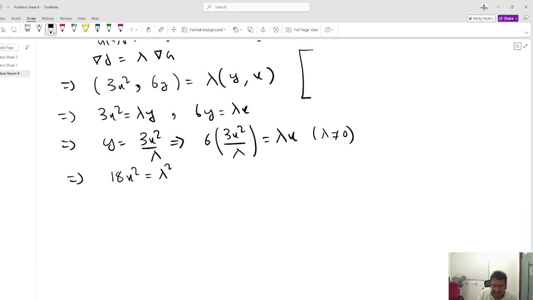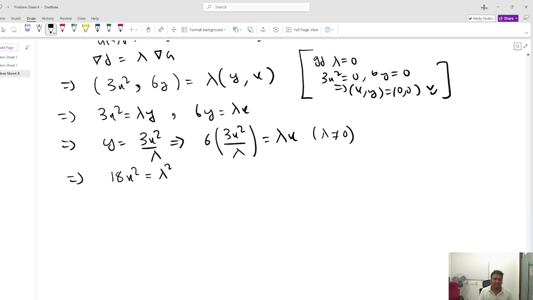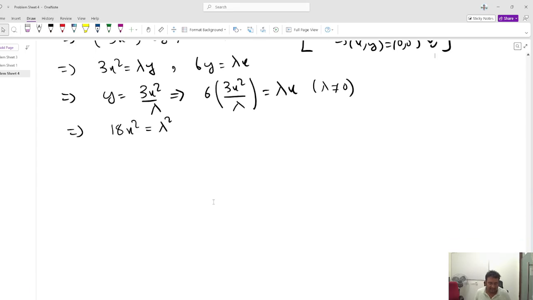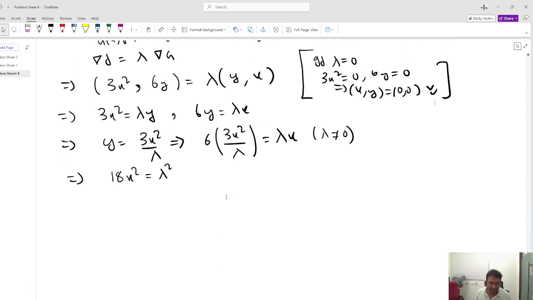So let's see. If lambda is 0, this will imply 3x square is 0, 6y is 0, meaning x comma y is equal to 0 comma 0. Yeah, it's a possible point we should discuss, right? Otherwise, what we have to do? So 18x square is lambda square x, right?